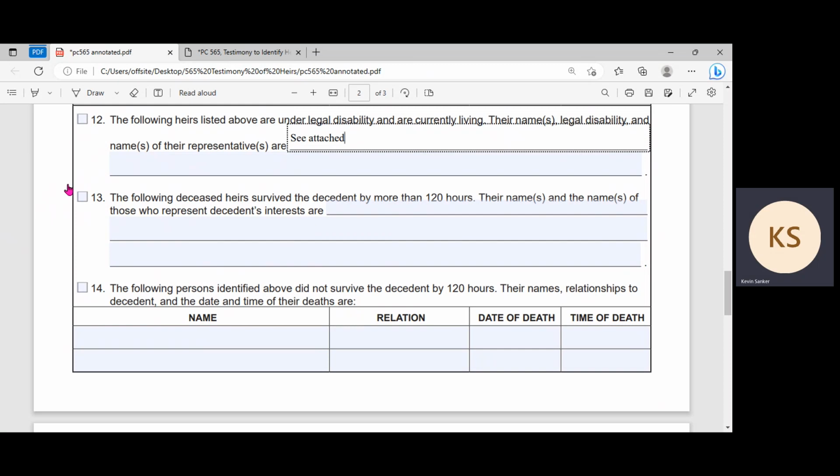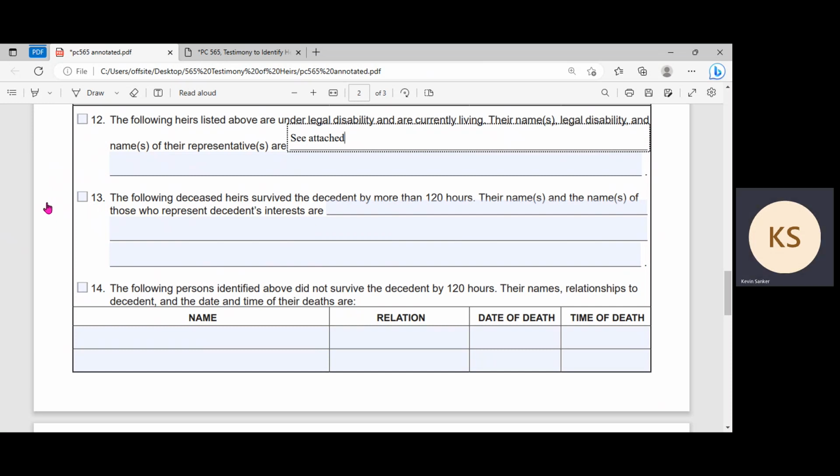Number 13, the following deceased heirs survived the decedent by more than 120 hours. Their names and the names of those who represent decedent's interests are. So this might be someone who died after the 120-hour cutoff period, but are currently dead now.